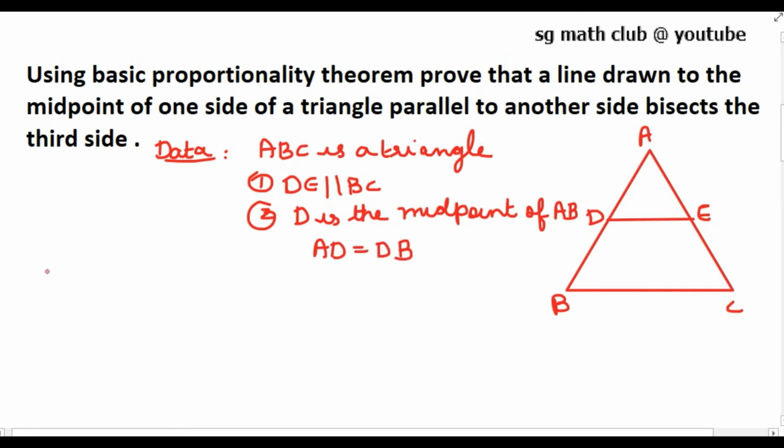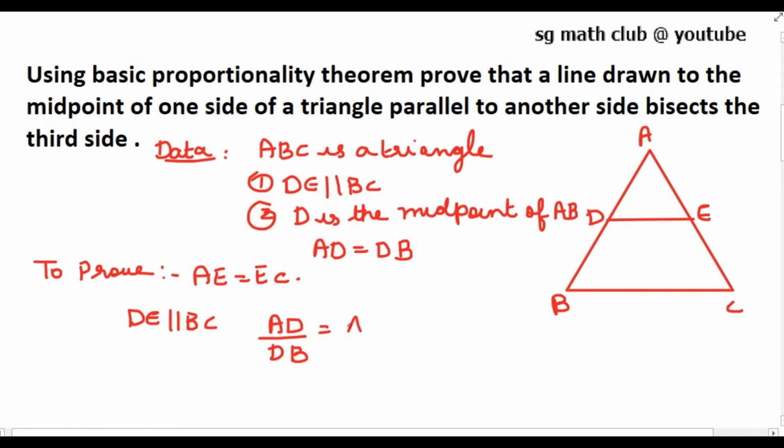Now what we need to prove is that it bisects the other side, that is, we need to prove AE equal to EC. Since DE is parallel to BC, by Thales' theorem I can write AD divided by DB equal to AE divided by EC.